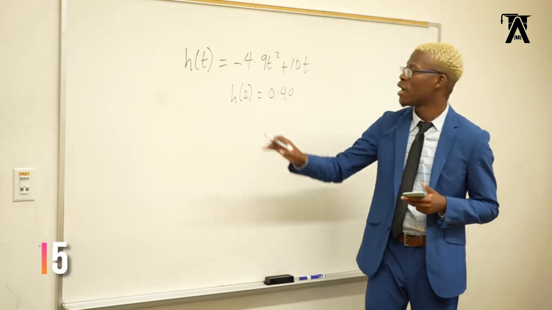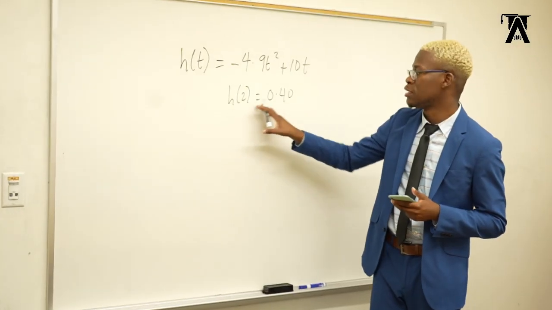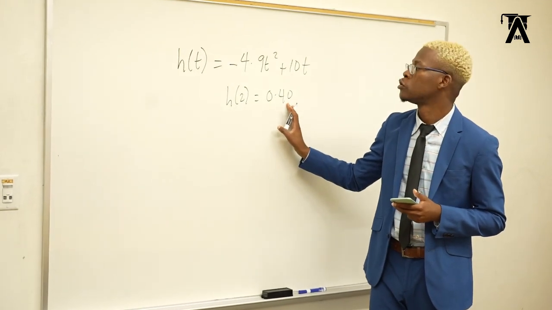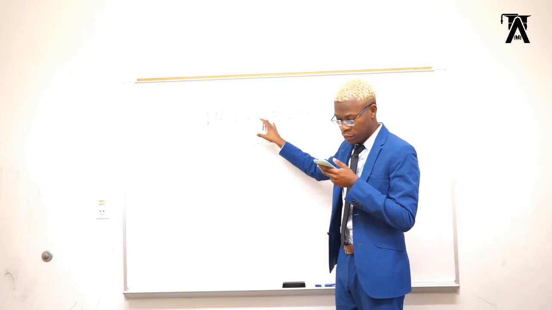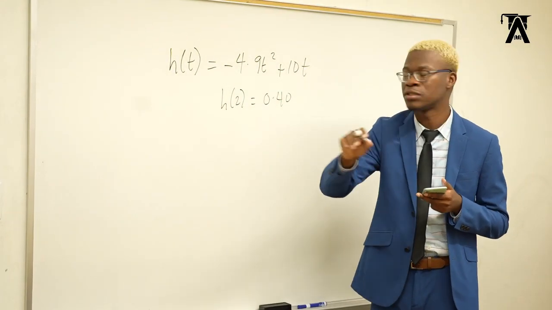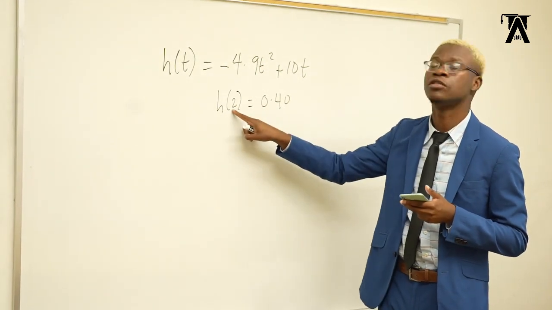In question 5, we have this function, and we are asked to find what this expression means. So this function, we are told, models the height in meters of a football t seconds after it's kicked. You see, so that means in this case t is 2.